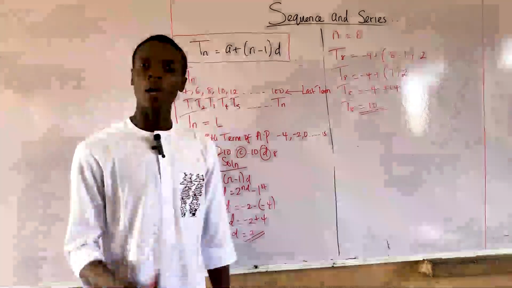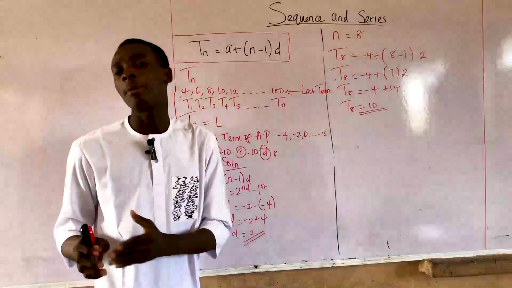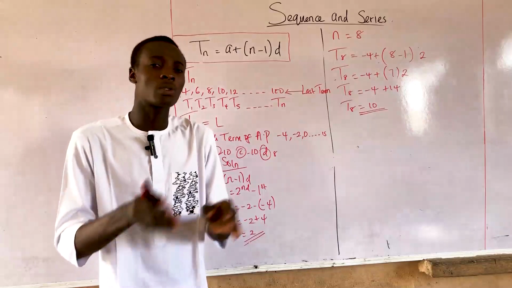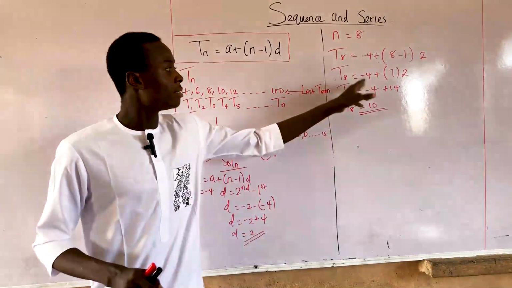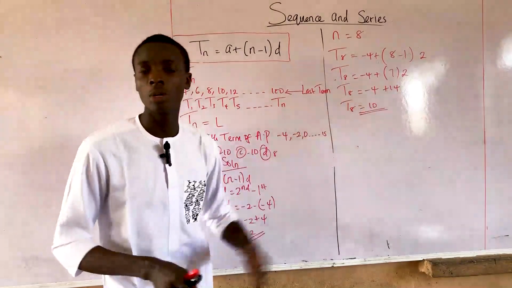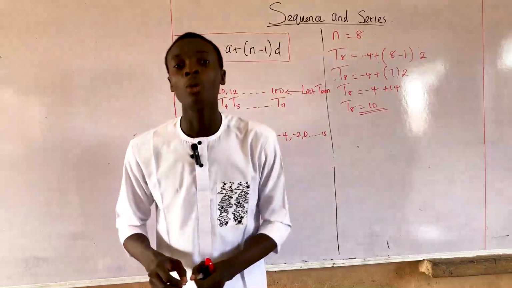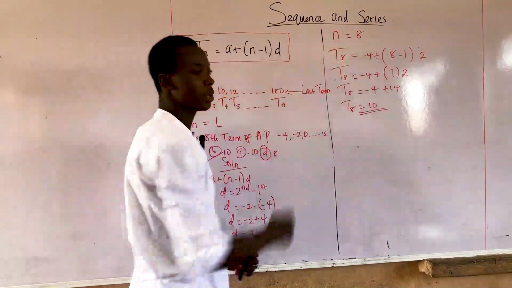This is our answer. You are wondering, why did I need to teach you that n is the position of a particular term when we are usually told to find a particular term, not the position of that term, right? I teach you that because of this solution. Because if you are only limited to the knowledge that n means number of terms, then I say that n is equal to 8 here.